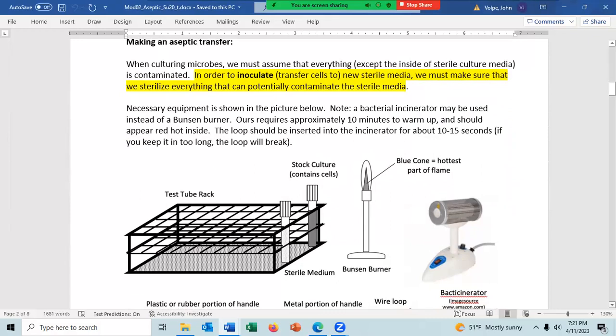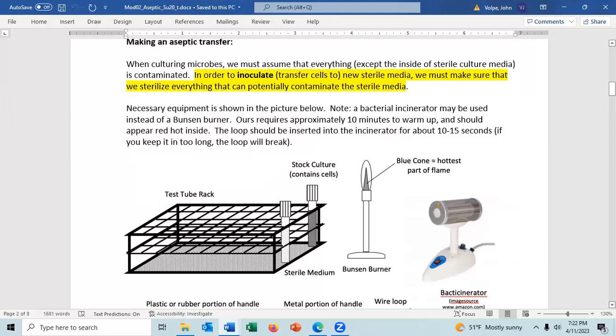Let me throw that back away. So in order to inoculate your tubes and your plates, that is, transfer cells into new sterile media, the media has been sterilized by putting it in an autoclave, which is a giant pressure cooker.